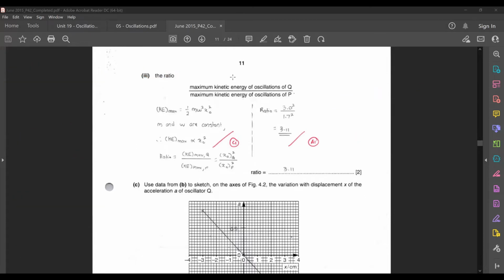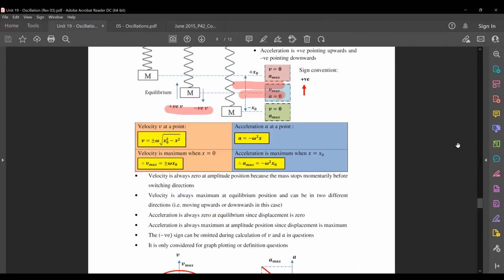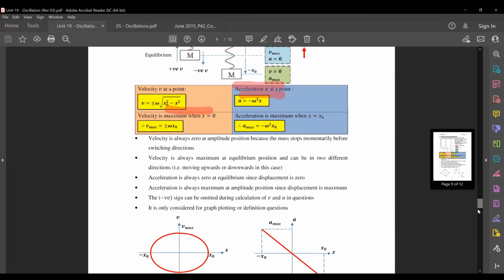find out the ratio of the maximum KE of oscillations of Q to the maximum KE of oscillations of P. Basically, find out the ratio of maximum KE of Q to P. Now in the notes just now I mentioned that maximum KE is half m omega square x naught square, which is in this part.